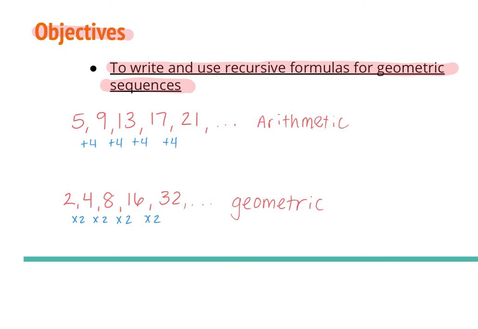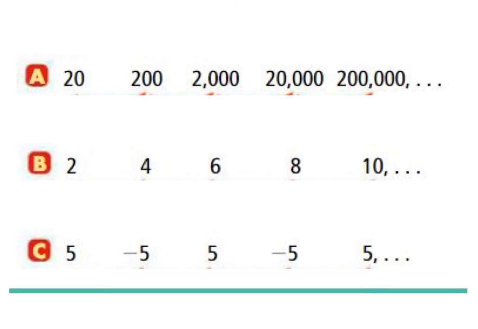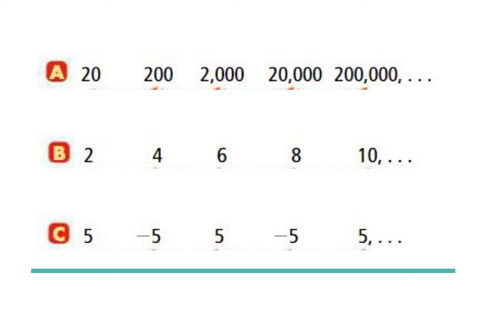So adding the same number, arithmetic. Multiplying by the same number, geometric. Okay? All right, moving on. I need you guys to copy down A, B, and C, and then we're going to talk about them.